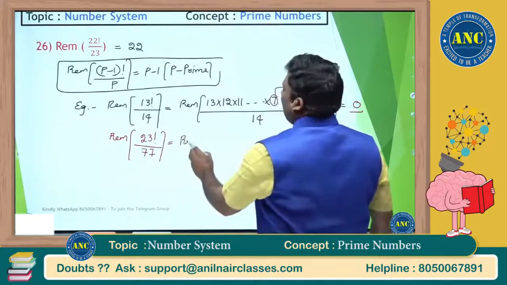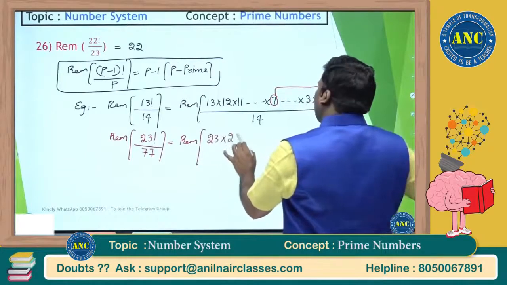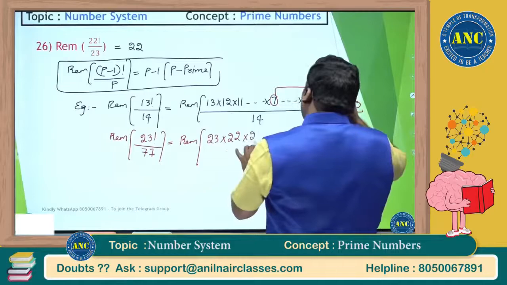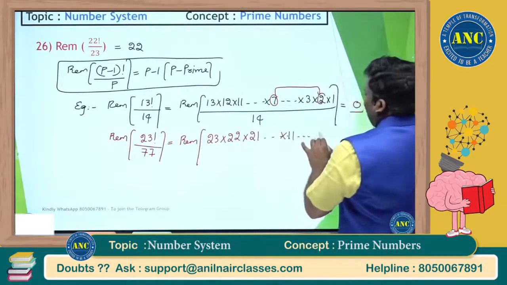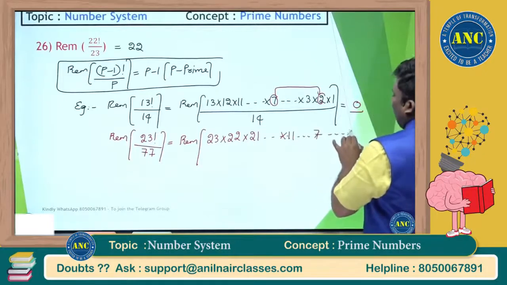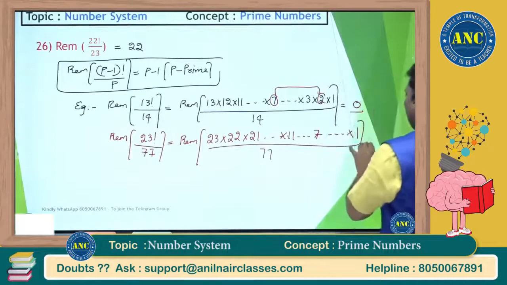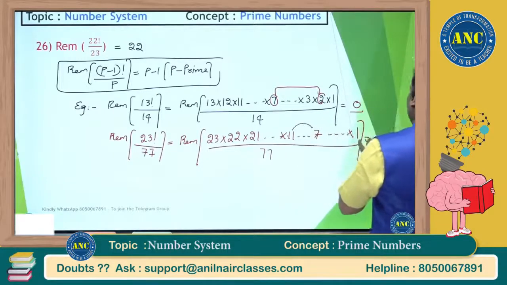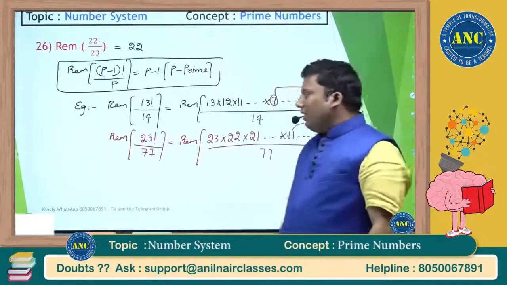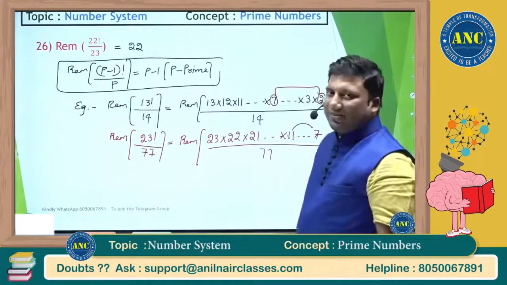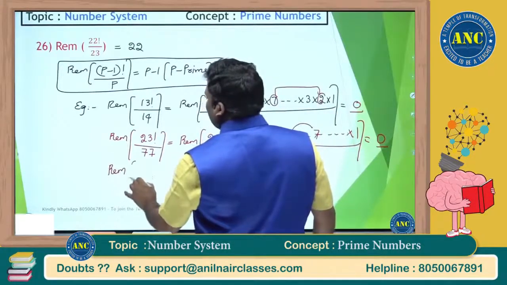Check whether it is a part of the numerator. 23 factorial is 23 into 22 into 11 and so on up to 7 and so on up to 1, divided by 77. 11 sevens are 77. 77 into any number, when you divide by 77, the answer is 0. I hope the idea is clear.